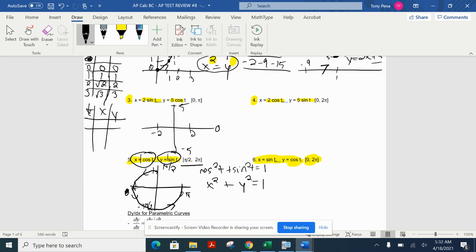So if I let the time be a 0, I get the sine of 0, which is 0. If I let our t be a 0 here, I get the cosine of 0, which is 1 times a 5. So we actually start this one up here. If I go pi over 2, the y coordinate at pi over 2 is 1, and then we're going to double that, so 2. And then the cosine of pi over 2, so the x coordinate up there is a 0.